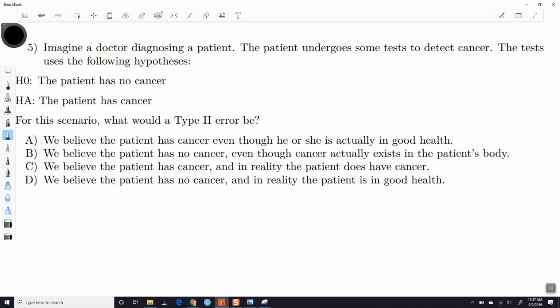Okay, what would a type 2 error be in this scenario? So type 1 is the false positive. And type 2 is the false negative.